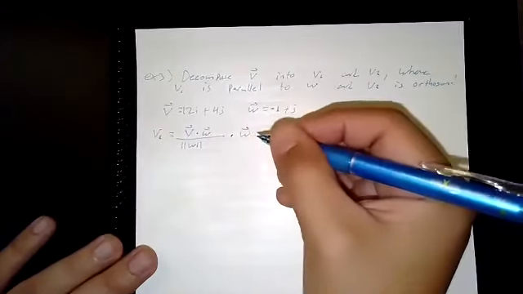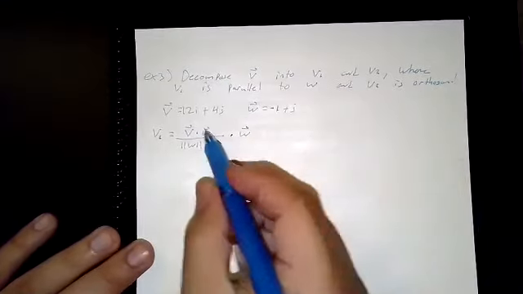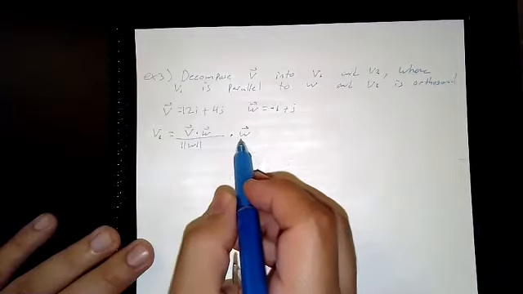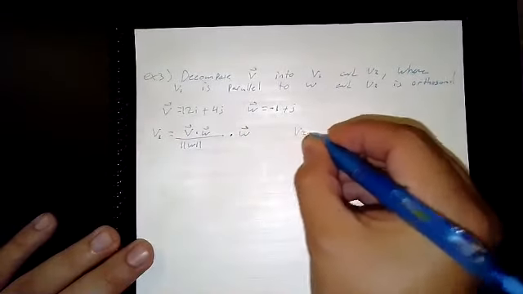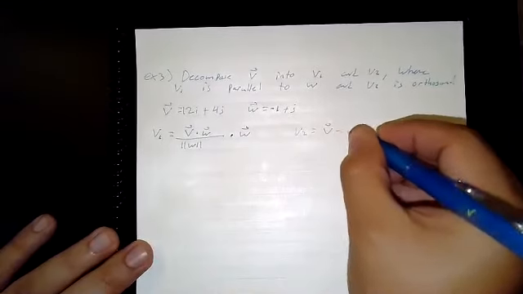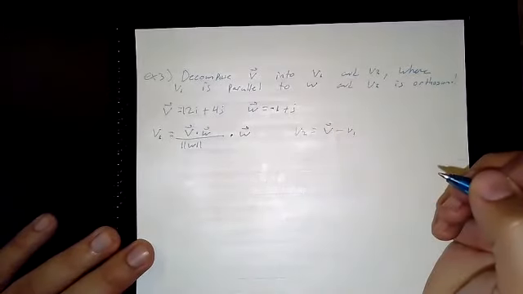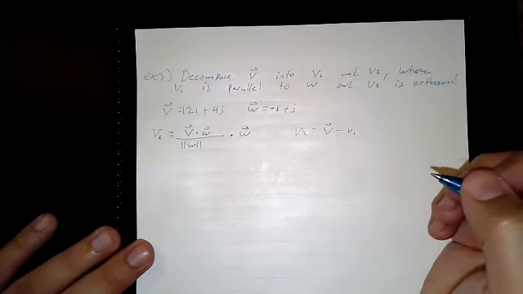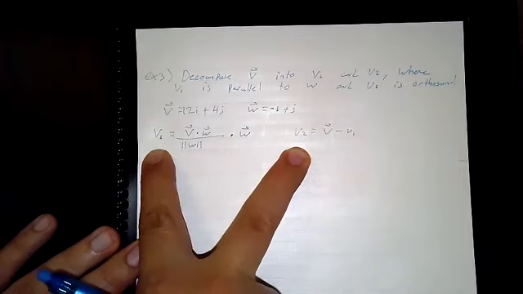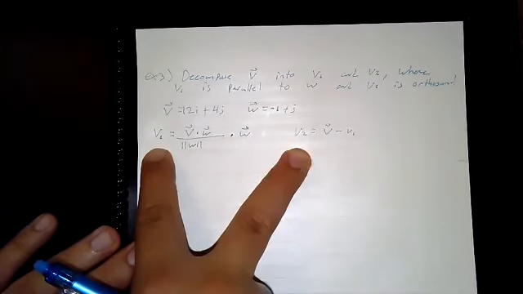Actually, sorry, that would just be a regular product because this would become a constant multiplied on w. v2 is then v minus v1. So you need to find these given v and w. That's what they're asking for.